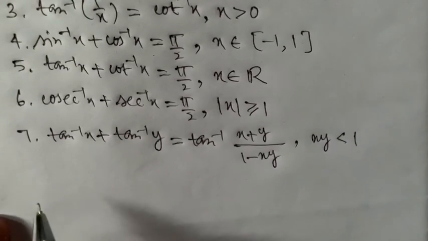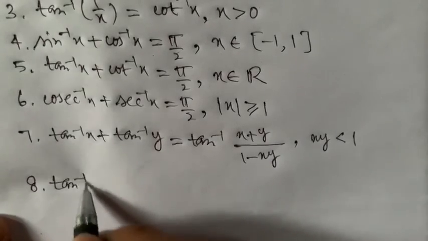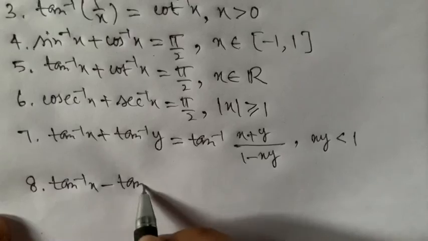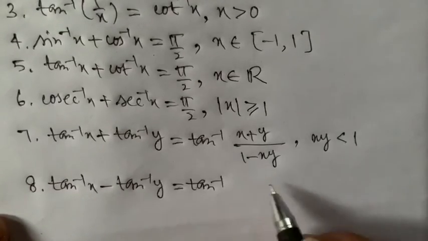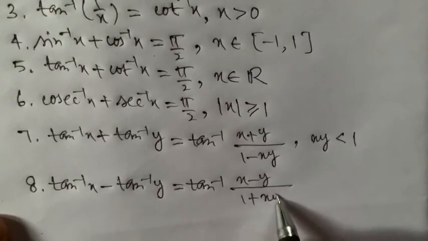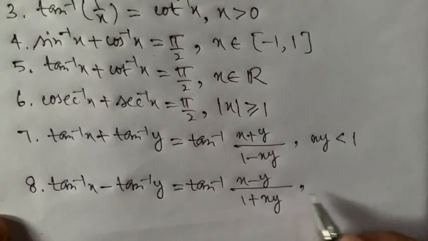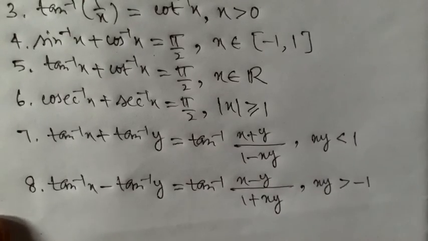Again we have the eighth property, which is tan inverse of x minus tan inverse of y is equal to tan inverse of x minus y upon 1 plus xy, and it is xy greater than minus 1.